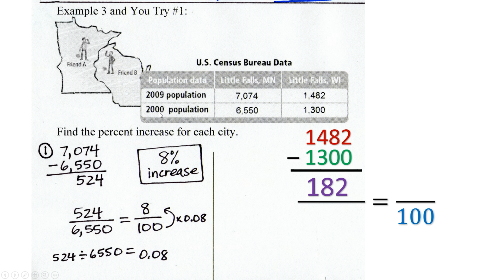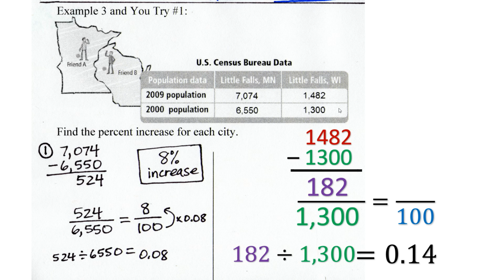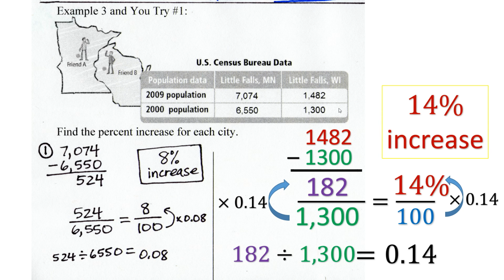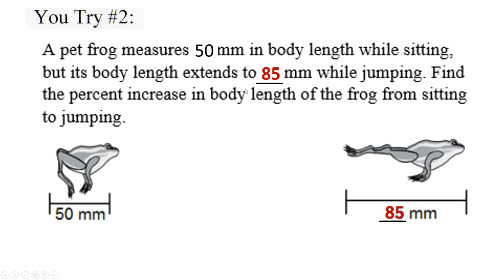Well, 2000 comes before 2009, so therefore 1300 is the original. Then you're going to do 182 divided by 1300, you get 0.14, and 100 times that will give us our percent, which is a 14% increase. So even though these numbers are smaller, the increase is bigger. The percent increase, that is bigger than this other city.